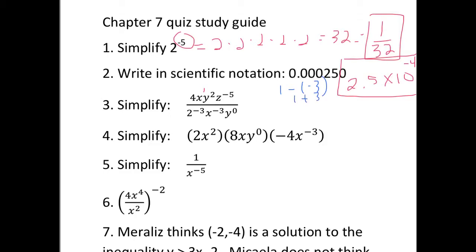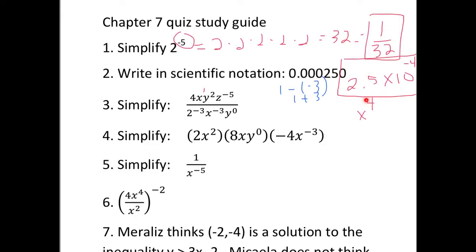Therefore, the final answer here for the x is going to be 1 plus 3, which is x to the fourth. Also keep in mind, if you're looking at the x's, we have x to the first power, x to the negative third. Which one's bigger, 1 or negative 3? Since 1 is bigger, we knew our final answer is going to end up in the numerator, and it did, because it has a positive x to the fourth.